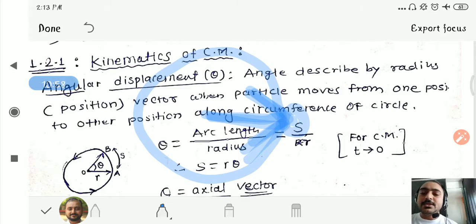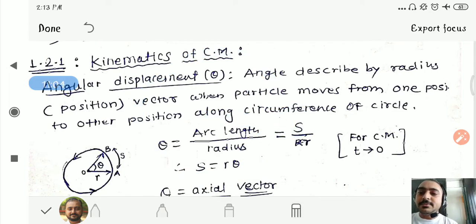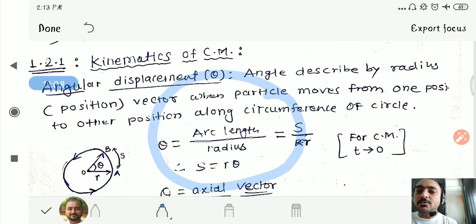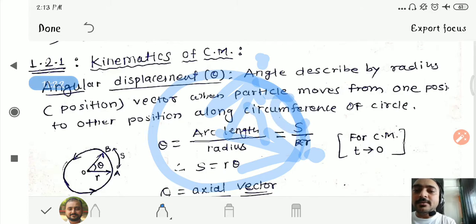Now when this particle performs circular motion, the radius vector describes a circular path, meaning the particle moves from one position to another, so it sweeps a certain angle with the center.